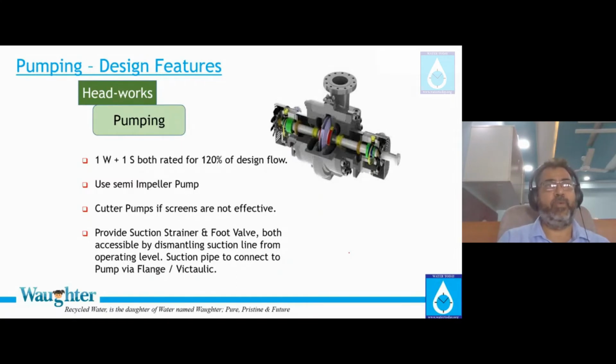You have a flange, you open it, and there should be a proper tie rod so that if by accident somebody opens the flange, the entire shaft and the bottom pipe should not sink into the tank. Then you would have to go inside to swim and search for that pipe. So there should be a chain lock along with that. All these things are very important. The good thing is to go for Victaulic couplings. But Victaulic couplings are expensive, so you can go for flange.